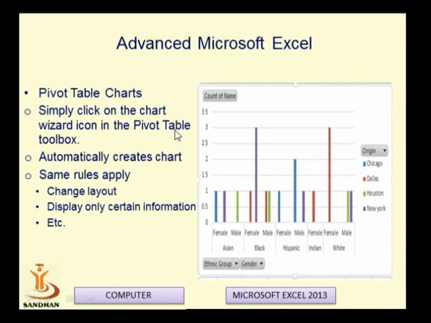Just by clicking on the pivot graphs, the graph for the exported data will be shown automatically here. You can change the graph, and you can also change its label. All the options that you may perform in the charts option of Excel, you can also change here, but it will be for the exported data.